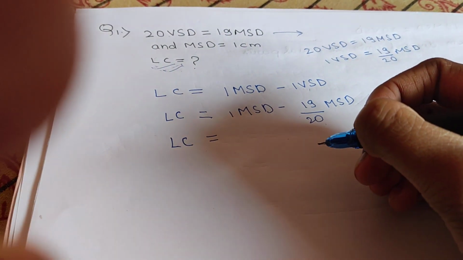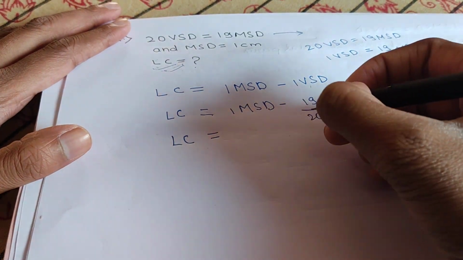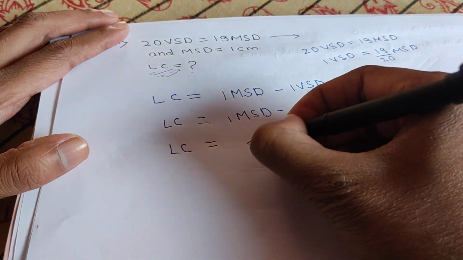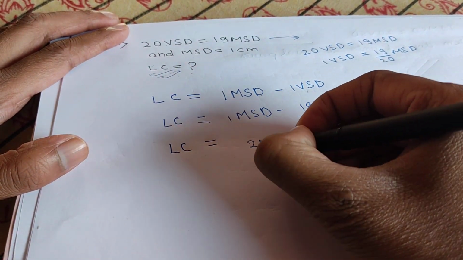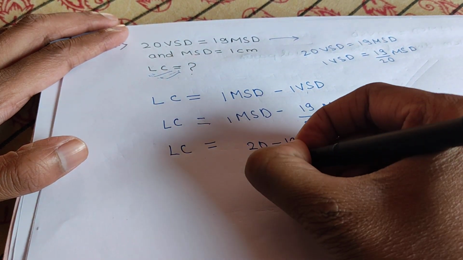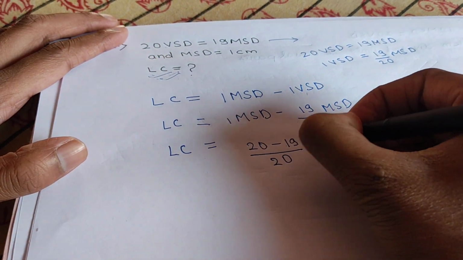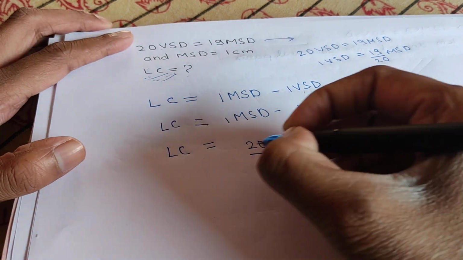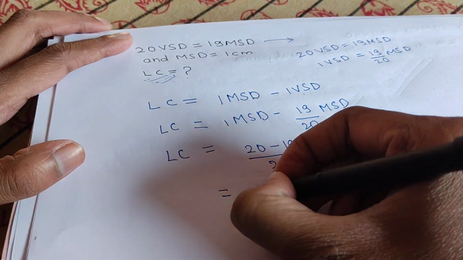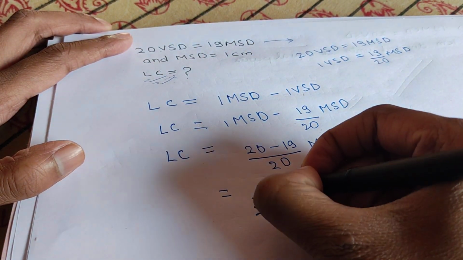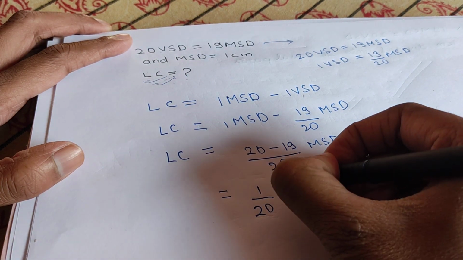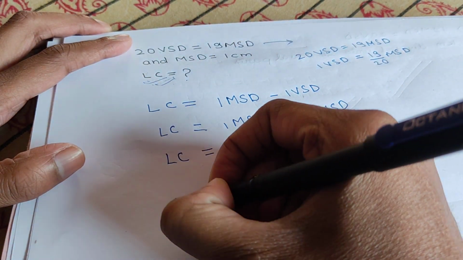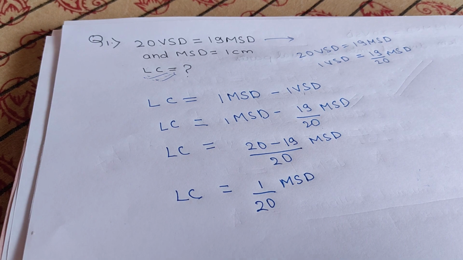When you solve it, it becomes 20 minus 19 by 20 MSD, so it becomes 1 by 20 MSD, which is the LC.